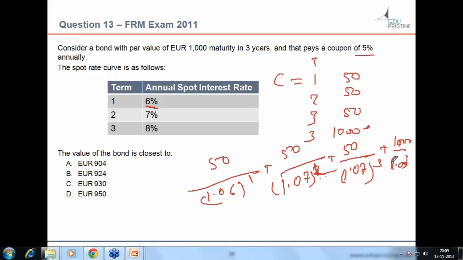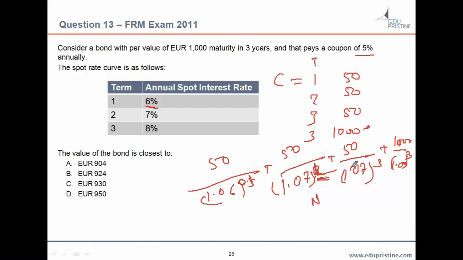These are minor mistakes, but you lose some very important points in your exam just because of this. So keep in mind the discount factors. You have to raise them to the power according to the end period mentioned. Please be very specific. Had it been semi-annual, then it would have been 0.5, then 1, then 1.5, this way.